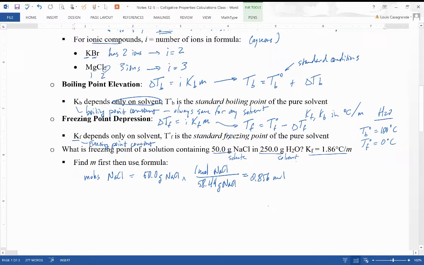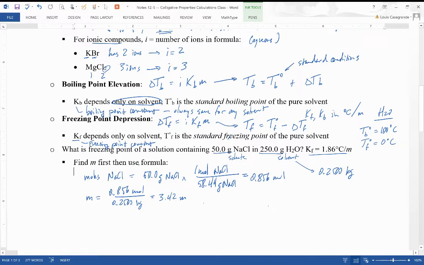The solvent is going to be 0.2500 kilograms. And finally, the molality is 0.856 moles divided by 0.2500 kilograms, and that equals 3.42 molal.